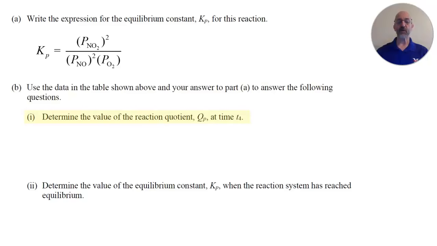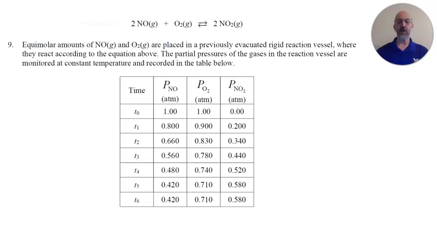Now, why is it the reaction quotient as opposed to the equilibrium constant Kp? Well, at time T4, the system has not yet reached equilibrium. So at time T4, we have pressures of 0.48, 0.74, and 0.52.